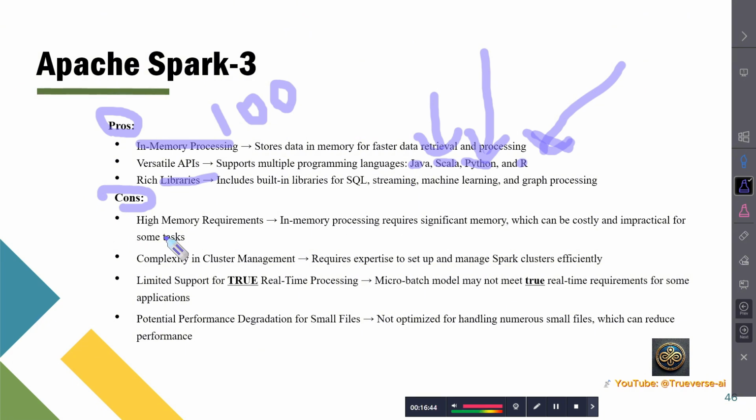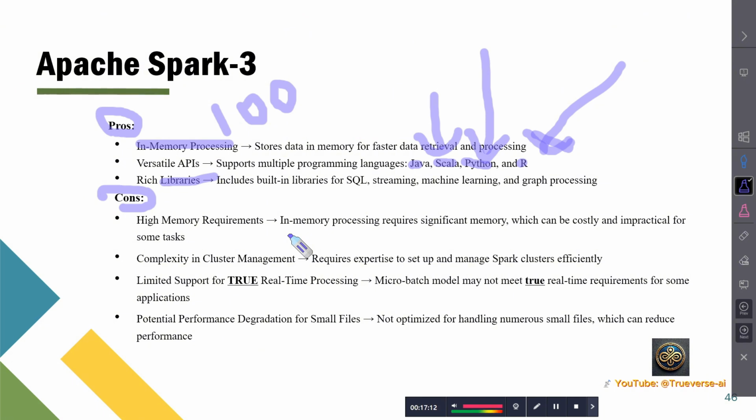Some disadvantages of Spark: when you are always processing in memory, memory management becomes costly. So you should have very good memory when you go for big data analysis with Spark.